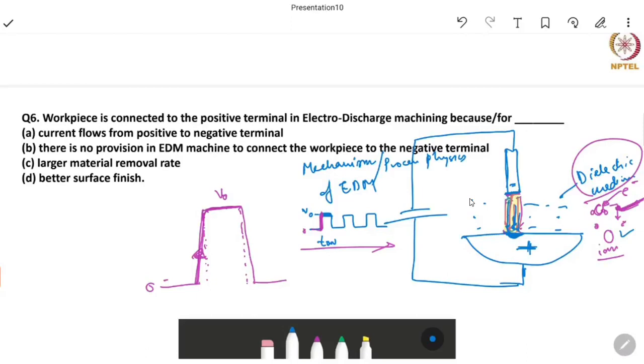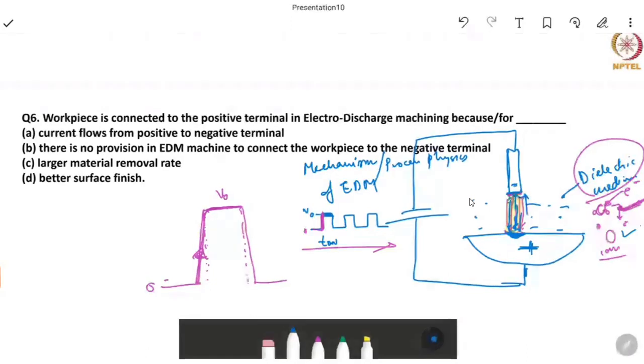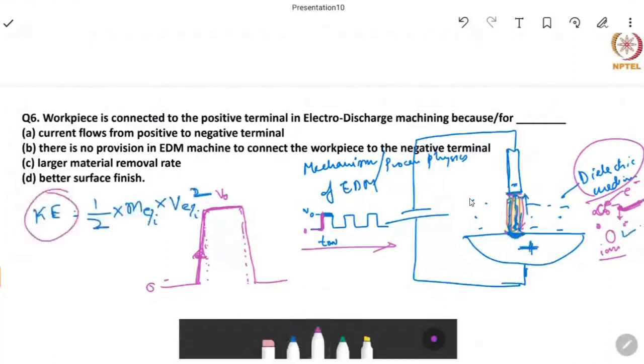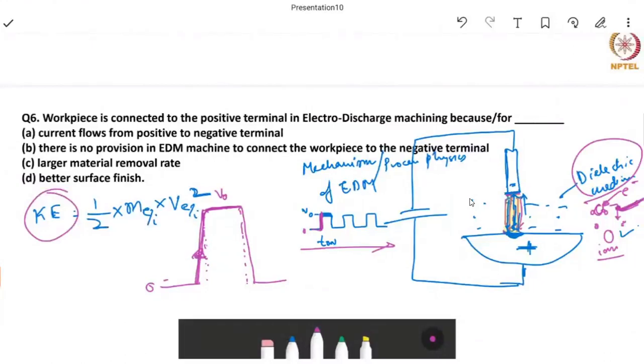We know that the kinetic energy of the electron can be written as half m e V squared, for electrons or ions. The higher the kinetic energy, the higher the discharge energy.